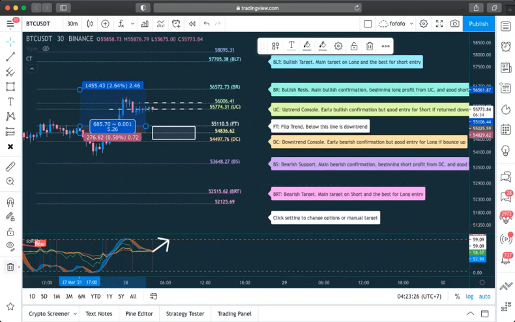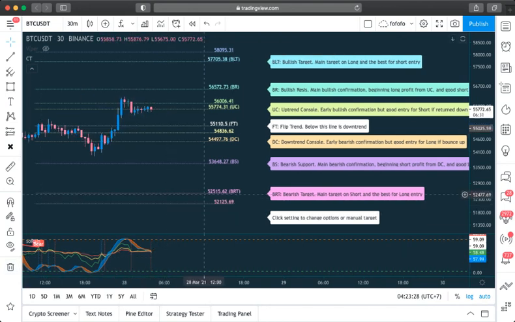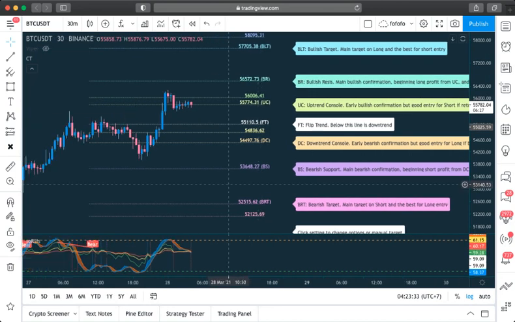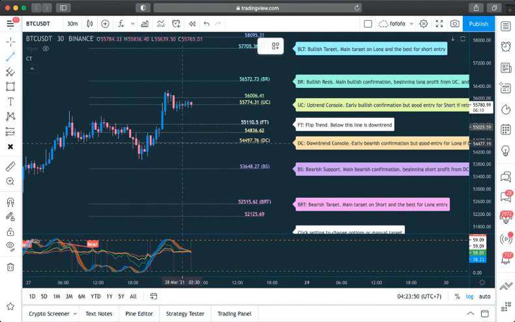Okay, I think this is simple and easy to use, because you don't need to draw resistance and support. You don't need to draw a Fibonacci because with this indicator, you can understand the positions. You can understand the current market.